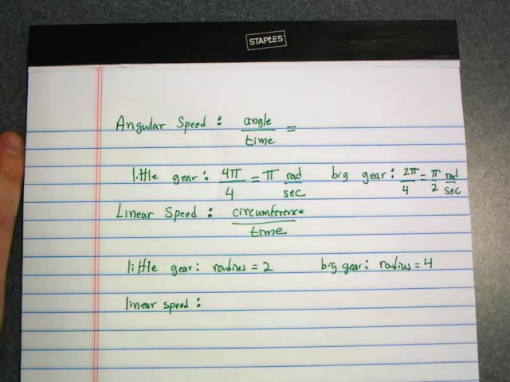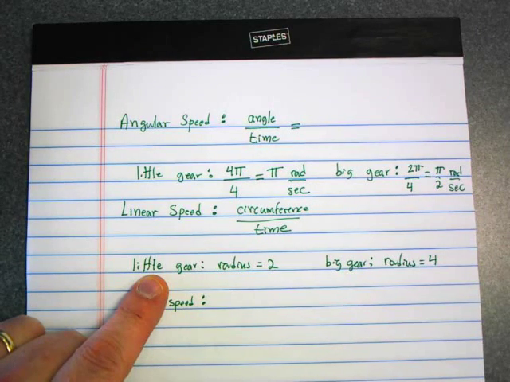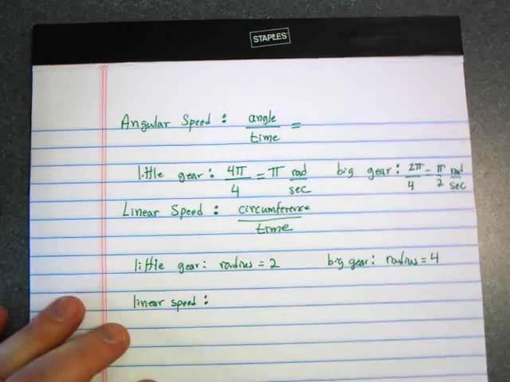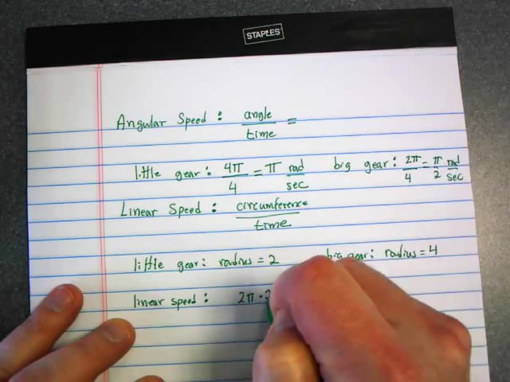Its circumference, isn't it? The distance it rolls, if it started right here and if this were on the ground, it would roll that far, 1 complete circle, which is its circumference. So the little gear with a radius of 2, what's its circumference? How do you find circumference of a circle? 2 pi r. So its circumference would be 2 pi times its radius, which would be 2.